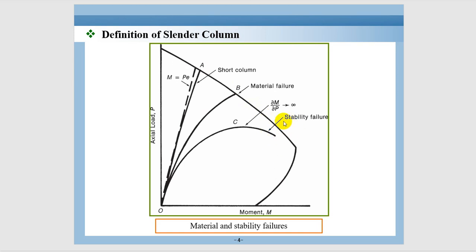This is called a stability failure. It means that the column fails. We cannot use this column anymore, and this column fails due to buckling, not a material failure, but a buckling failure.